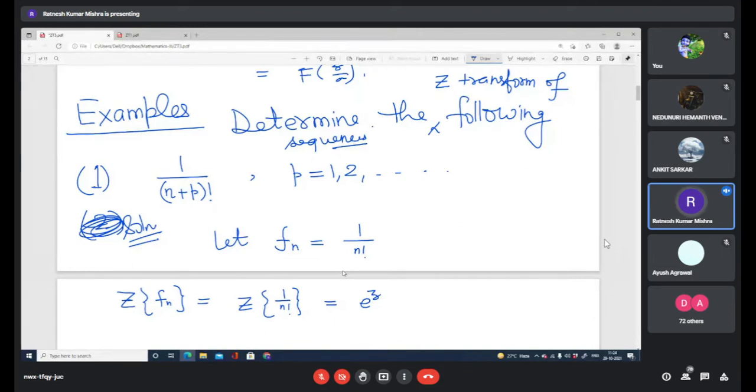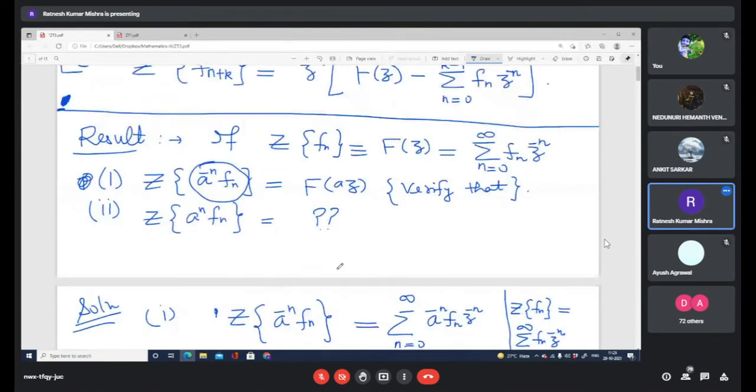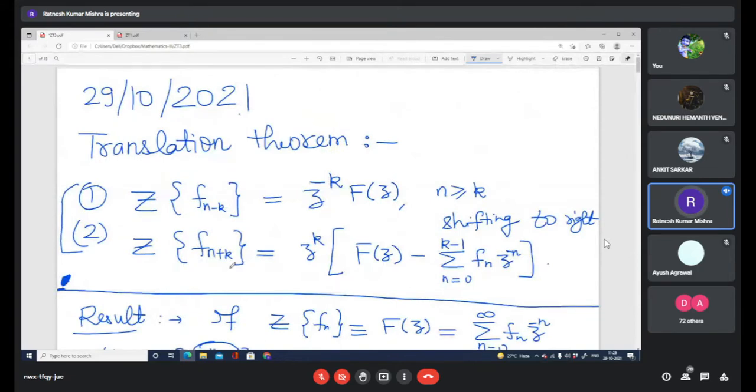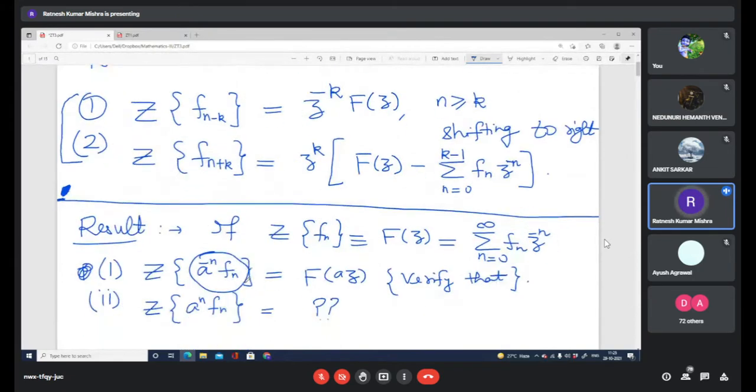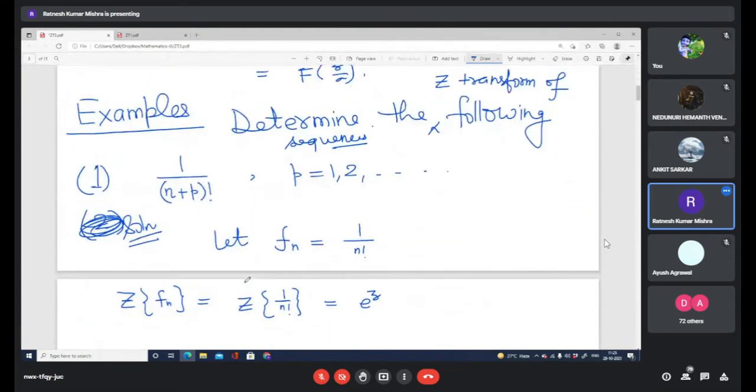This is the z transform of this. Now where did the second result go? In our problem, we take it as k, so directly e power 1 by z will be the result.